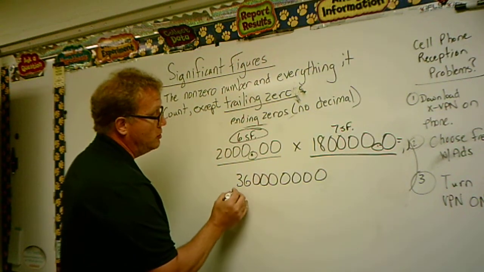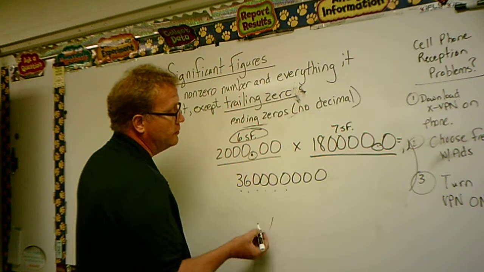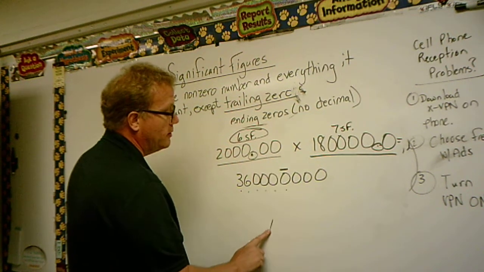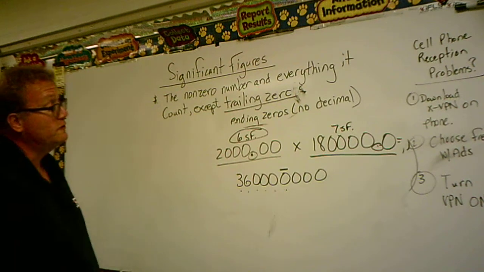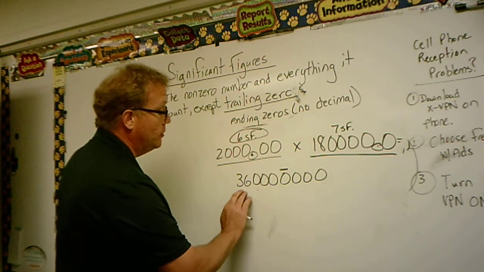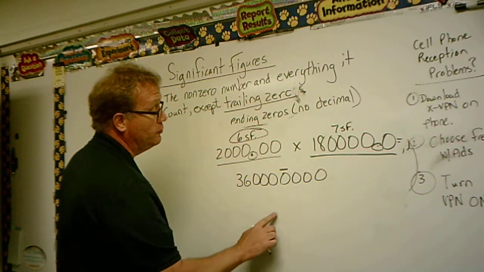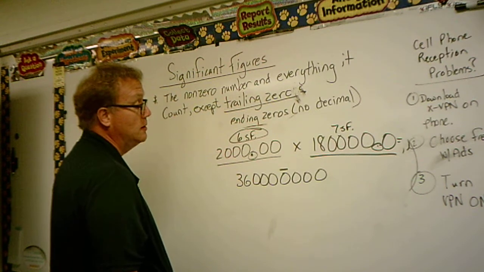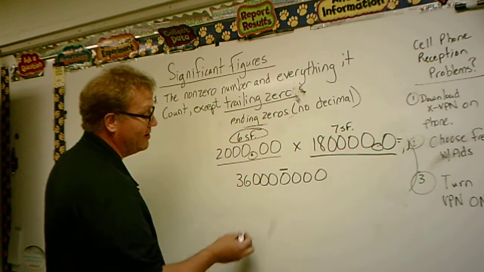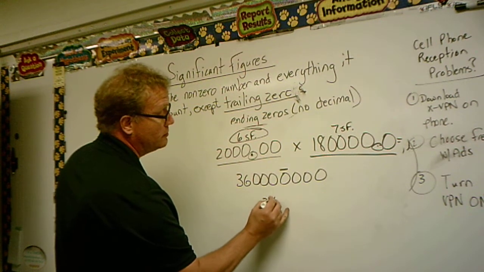So we're going to count 1, 2, 3, 4, 5, 6. And we put a bar there, and that bar just indicates I want that to count. And we would count from here to here, because these are actually referred to as embedded zeros. But there is another way to take care of that. We can also change it to scientific notation.